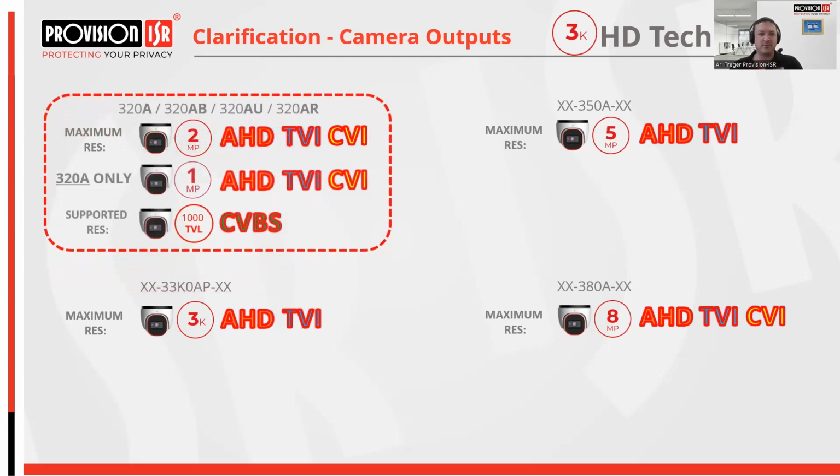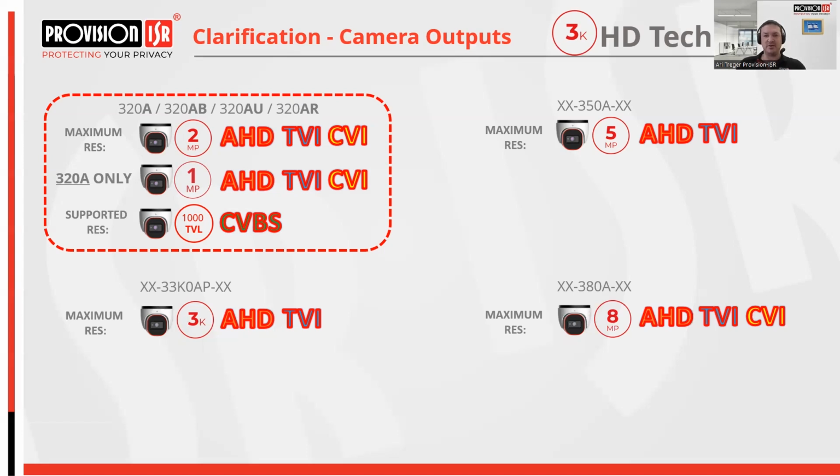So here is how each model can be adjusted. For our 2 megapixel HD camera, please note that we have 4 ranges: 320A, 320AB, 320AU, and 320AR. The 2 megapixel can drop down to 1 megapixel in CVBS only in the 320A range.